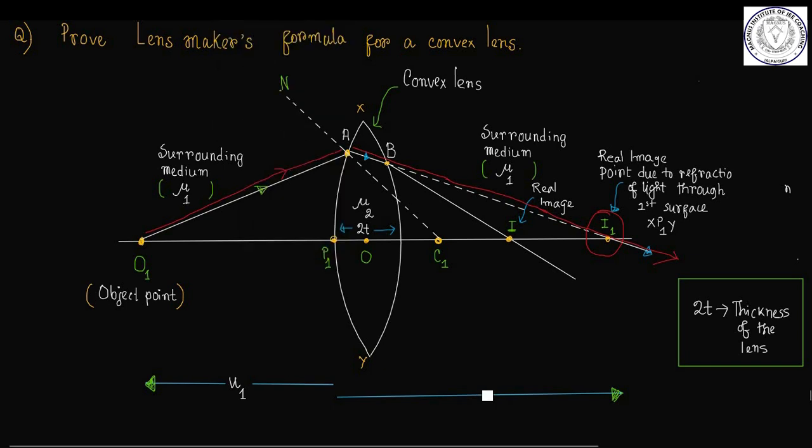V1 is the distance of real image point I1 from the first refracting surface xp1y. Similarly, the radius of curvature of the first refracting surface, P1C1, is equal to R1.